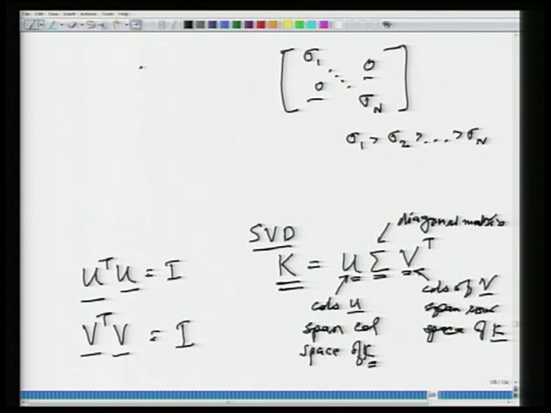Now, when I am calculating K inverse, because inverse of U is U transpose, inverse of V is V transpose.